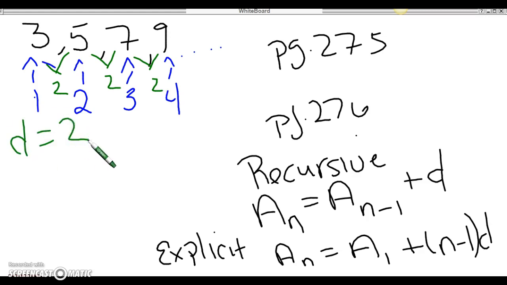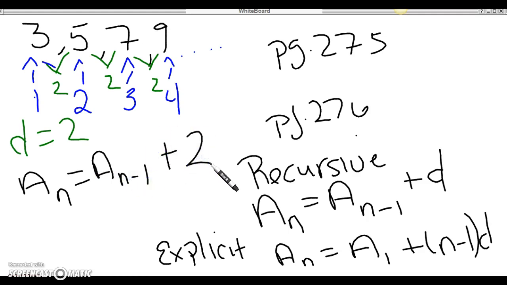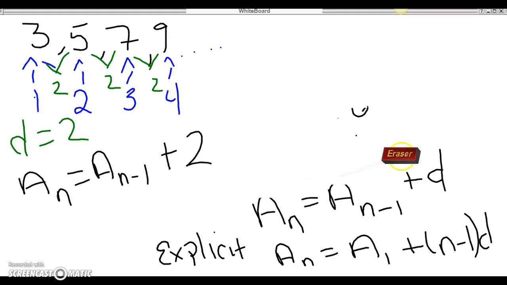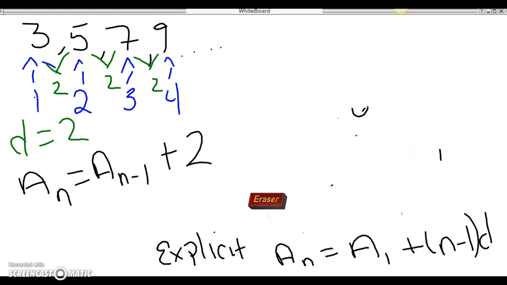So I can write my recursive formula. Super easy to do that. It's just a sub n equals a sub n minus 1 plus 2. And for my explicit formula, I'm going to have to erase some of this because I have to work it out.